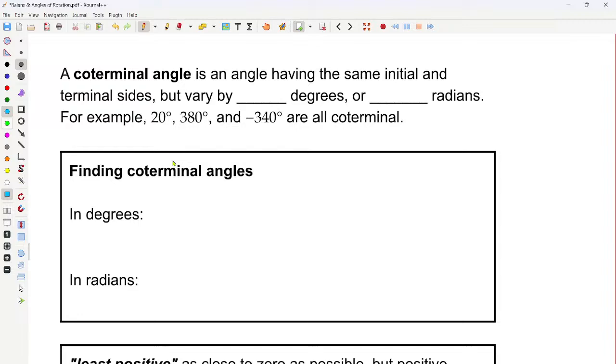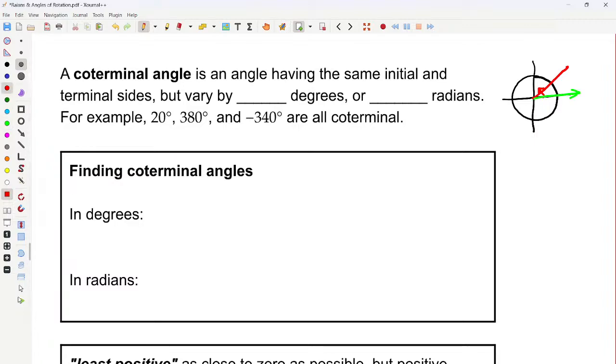A coterminal angle is an angle that has the same initial and terminal sides, but varies by... let me draw a picture, you tell me. Bo already kind of said it. Probably doesn't even know it. If I rotate 30 degrees, I'd be something like that. If I rotated 390 degrees, and by the way, let me be a little more careful. There's 30 degrees.